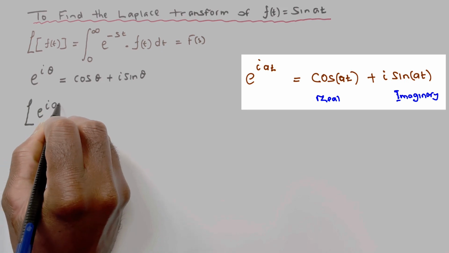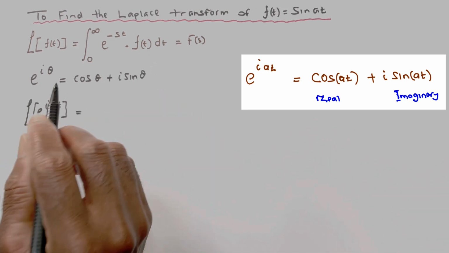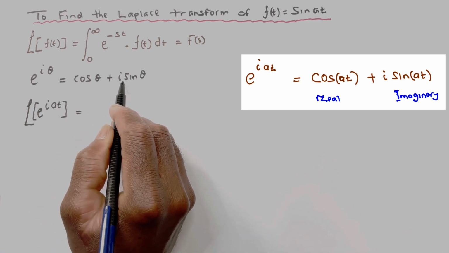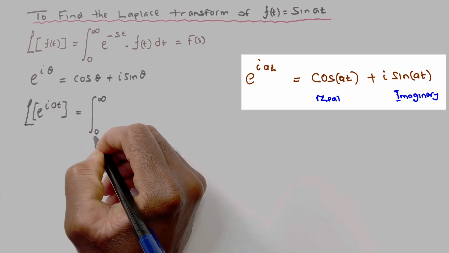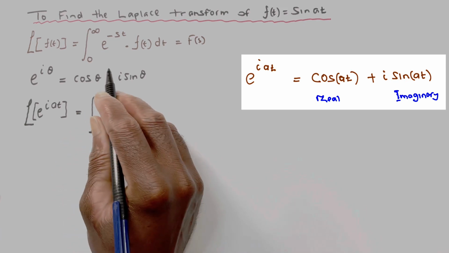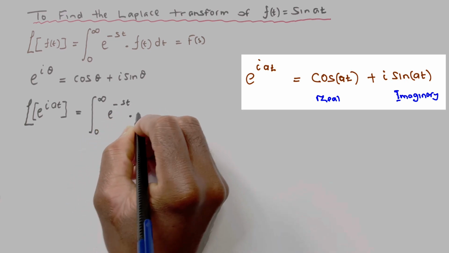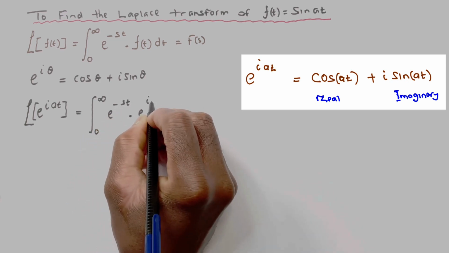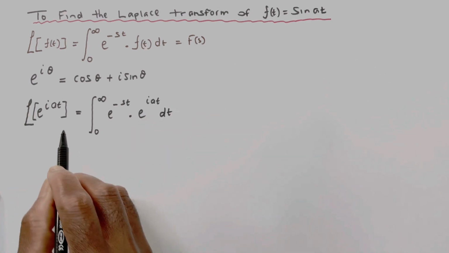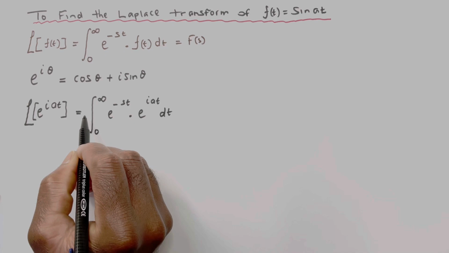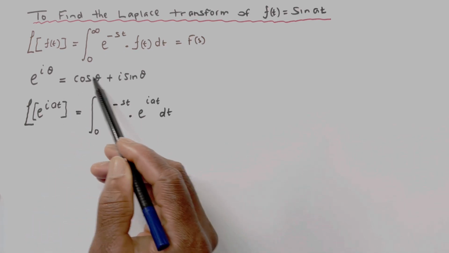We're looking for the imaginary part, so we go for the integral from 0 to infinity, the semi-infinite integral, of e to the power minus st times e to the power i a t dt. I could put imaginary here because that's what we want, but I want to do the integration so that I can get the cos as well.